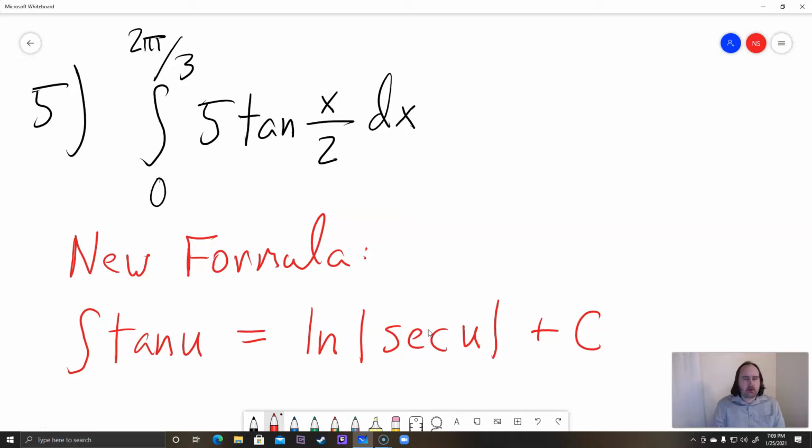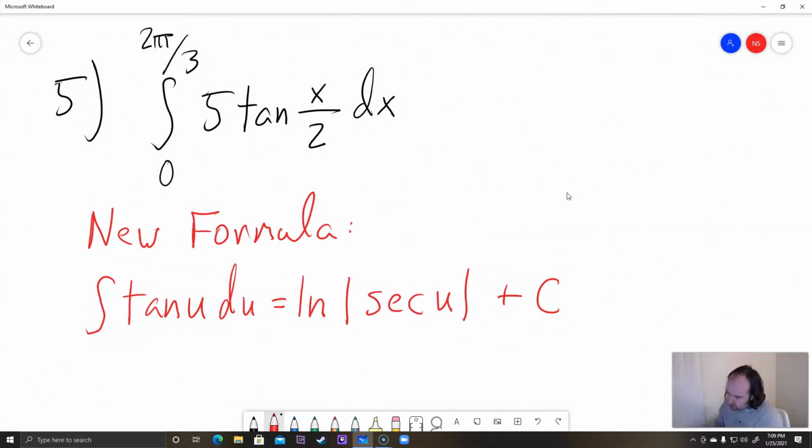So using this formula, our u is going to be x over 2, and this is the integral of tangent of u du. I forgot to write the du. So the integral of tangent of u du equals ln of absolute value of secant of u plus c. For this problem we're not going to have a plus c because it has numbers, so we're doing a definite integral.